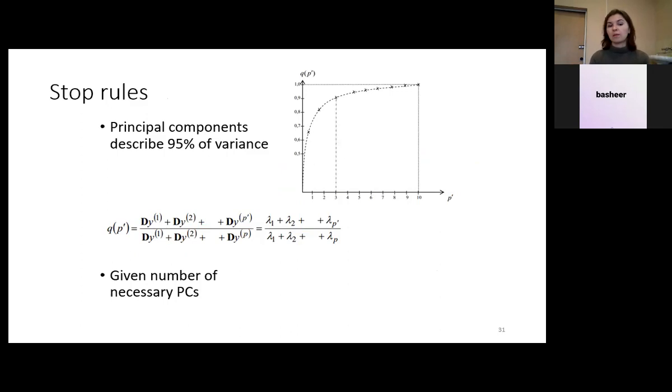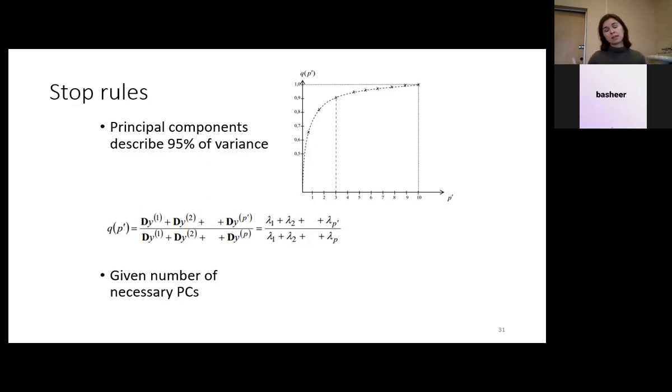There are actually 2 rules for how to choose the number of components. The first rule is that you need a specific number of components. And the second way is to analyze the variance of the components and select the number of components which produce 95% of the original variance, 90%, 99%, it depends on the task.